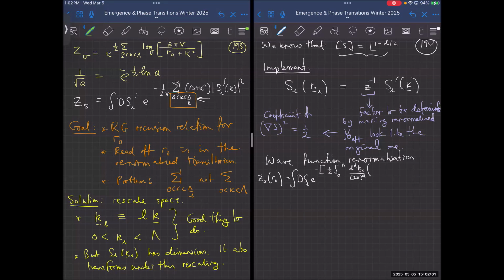Then I have this term over here. Look over here on the left-hand side. I have this thing over here. So I have r has changed in some way that we're going to find out what it is. I'll call it R_L. k has changed to be k_L squared. So I have that. And then I have S_L of k_L squared.